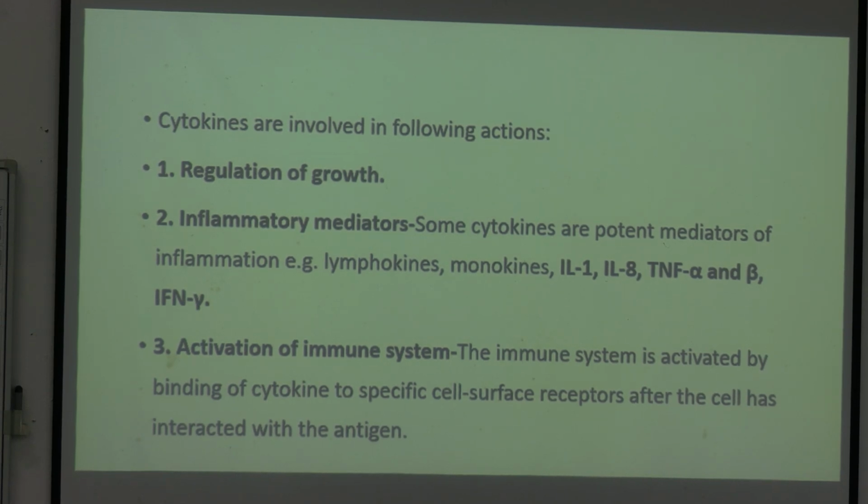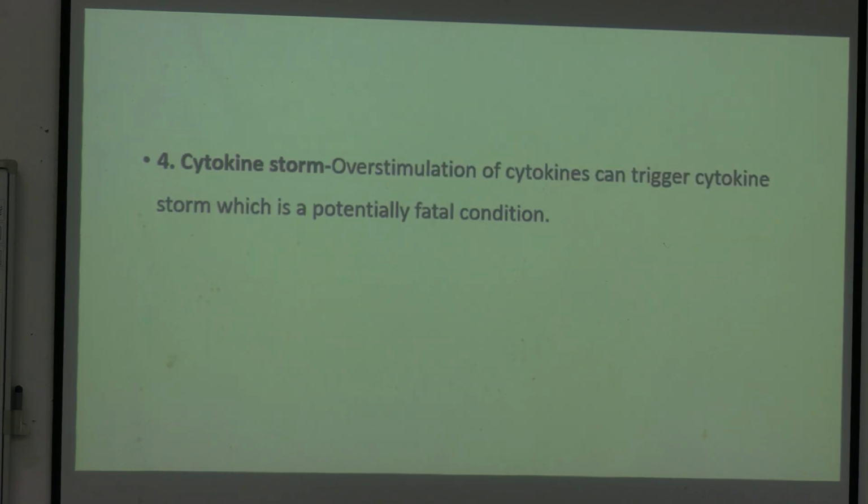And activation of the immune system. The immune system is activated by binding of cytokine to a specific cell surface receptor after the cell has interacted with antigen. Then one term is called cytokine storm. Cytokine storm is overstimulation of cytokines.